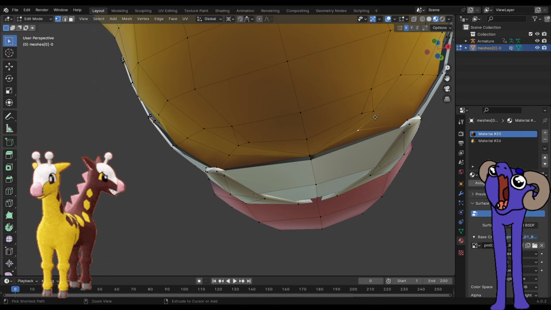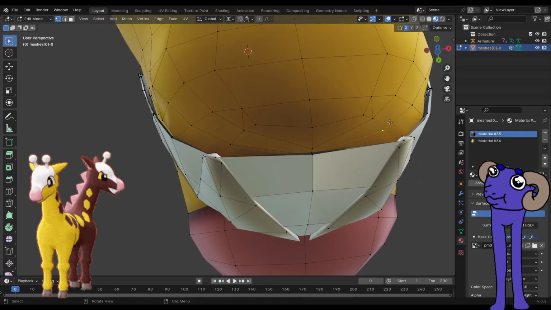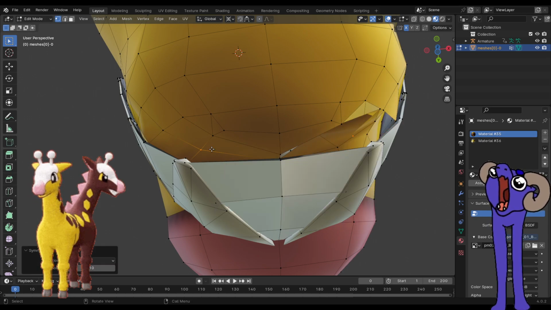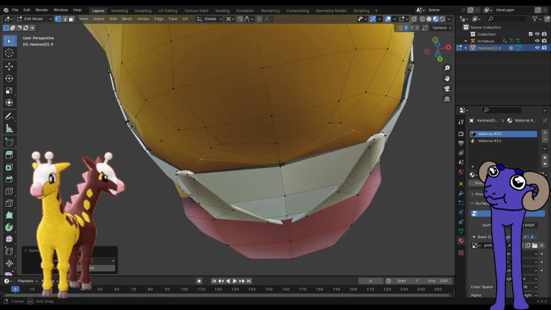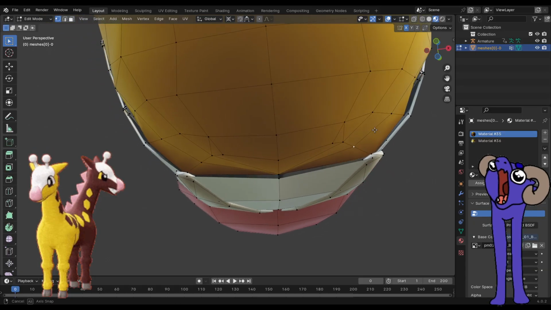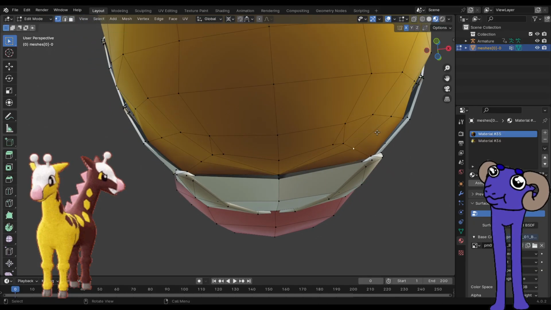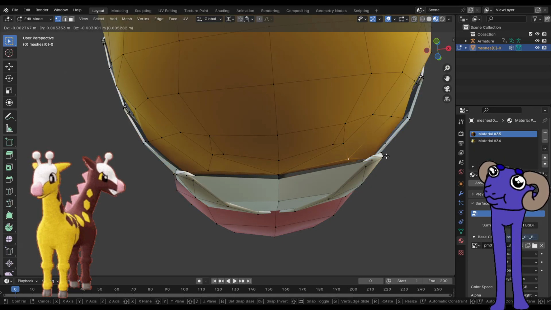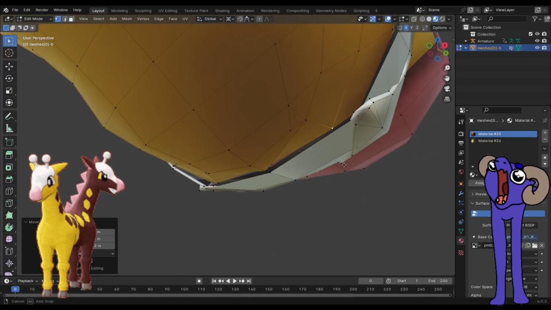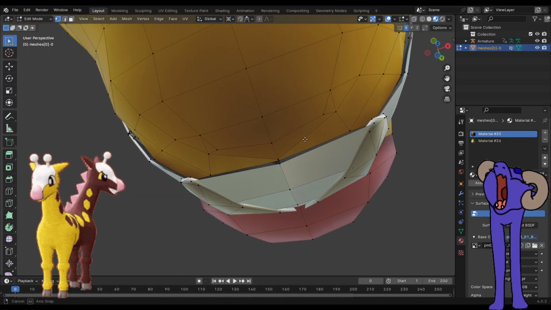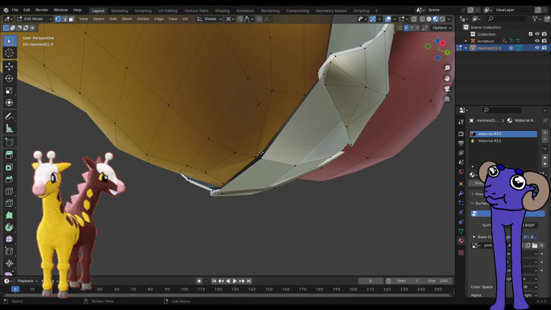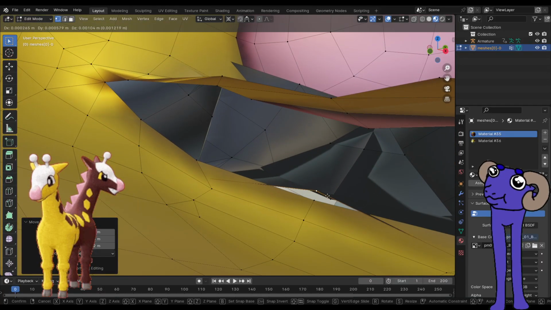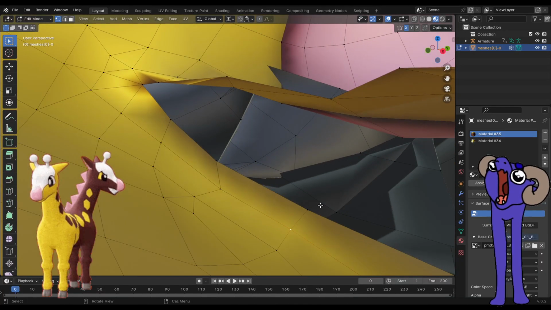You're not symmetrized. Oh no. It's gone wrong. Okay, I think that's fixed. God, the UVs are going to look terrible after having to do something like that. What is this? Why is this vertsy? Okay, so that's just teeth.